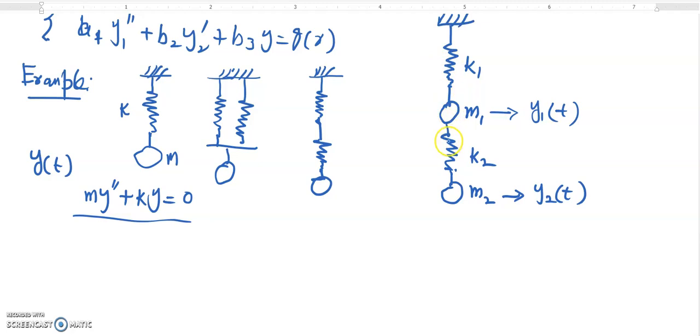However, as a result of that, there will be a compression in that spring k2 as well. Therefore, the overall motion of m1 will be affected by these two springs. So the force acting on mass m1 is maybe represented like this.